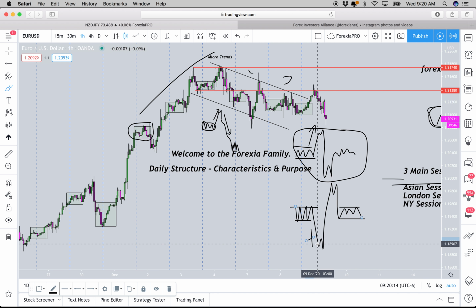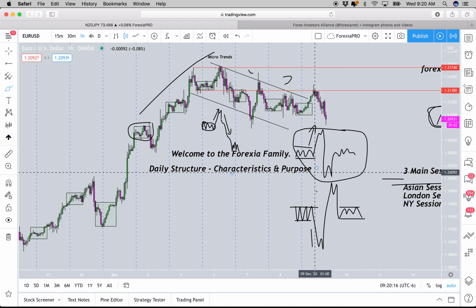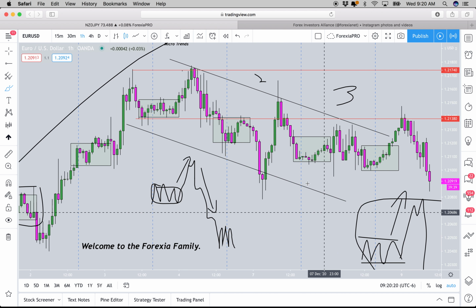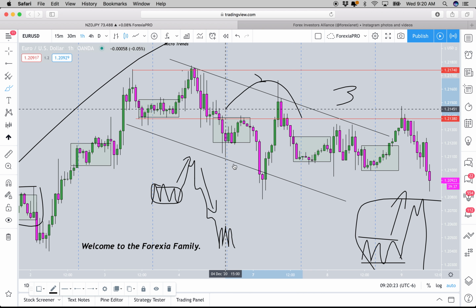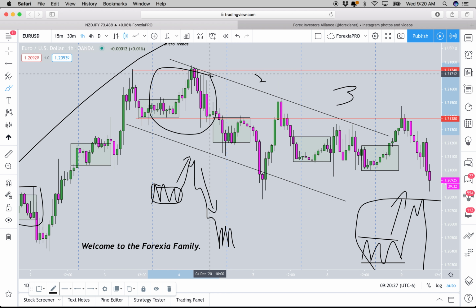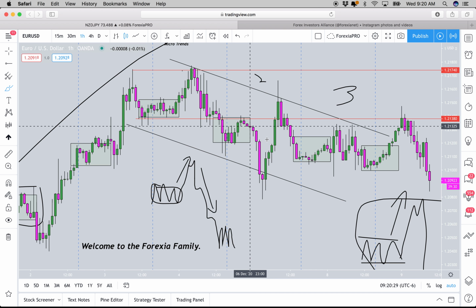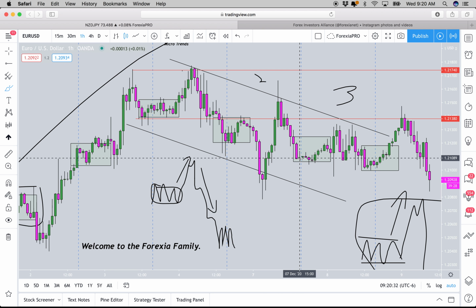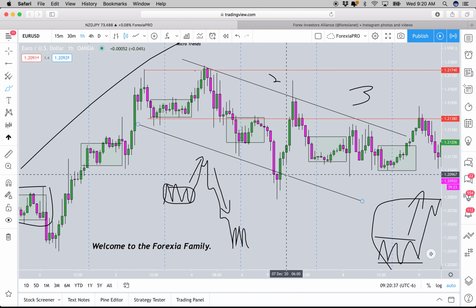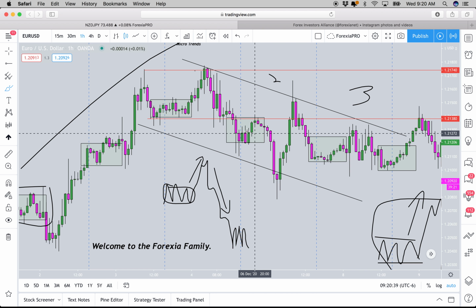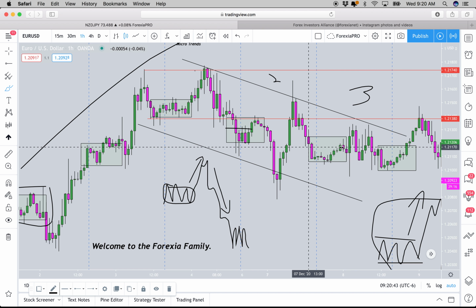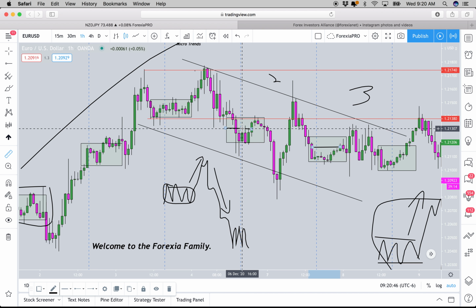Now, let's take a moment here to realize what's happening. Okay? This structure is basically this structure, but inverse. Right? And not as perfectly complex. But we see all of the different characteristics here. We see the start of the day, consolidation, end of the day, consolidation, and let's see.